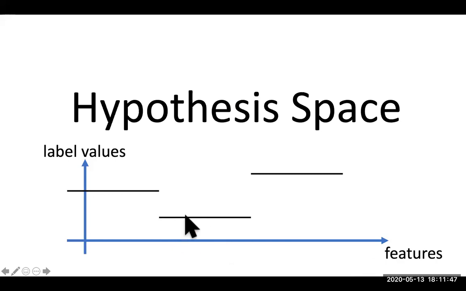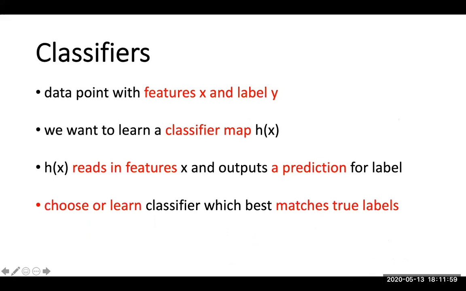So if you plot the function or a predictor map, then it looks like this. It has only a finite number of values. So we call a predictor map for a classification problem also a classifier.